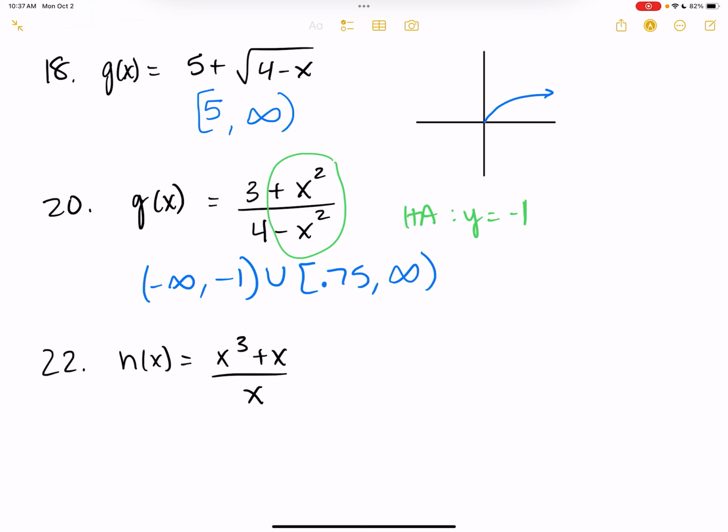Once you have it boxed, you hit enter. And then I'm going to trace it and see what's happening here.